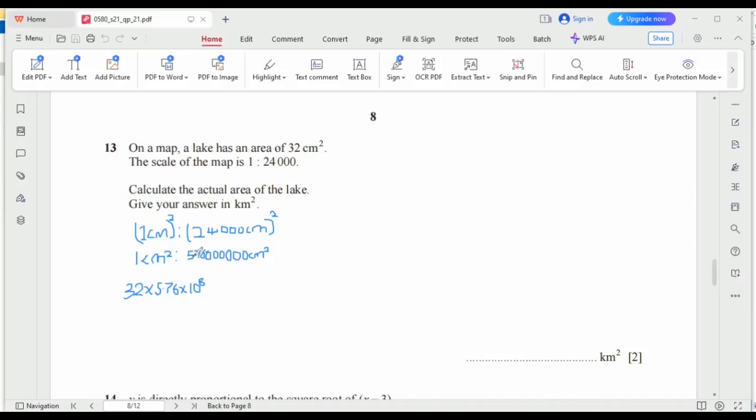So it will be 32 times 5.76 times 10 raised to the power 8 cm squared.